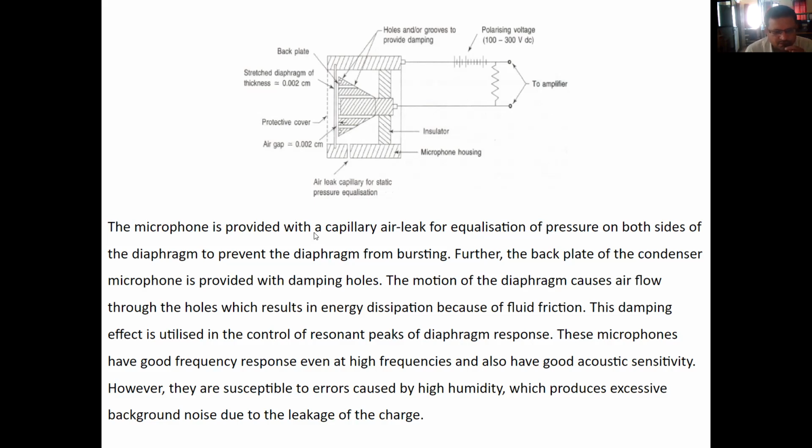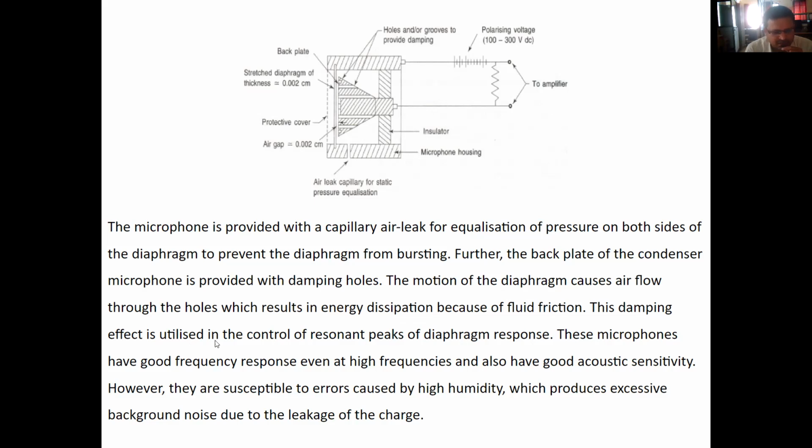The microphone is provided with a capillary air leak for equalization of pressure on both sides of the diaphragm to prevent the diaphragm from bursting. Further, the back plate of the condenser microphone is provided with damping holes. The motion of the diaphragm causes airflow through the holes, which results in energy dissipation because of fluid friction.